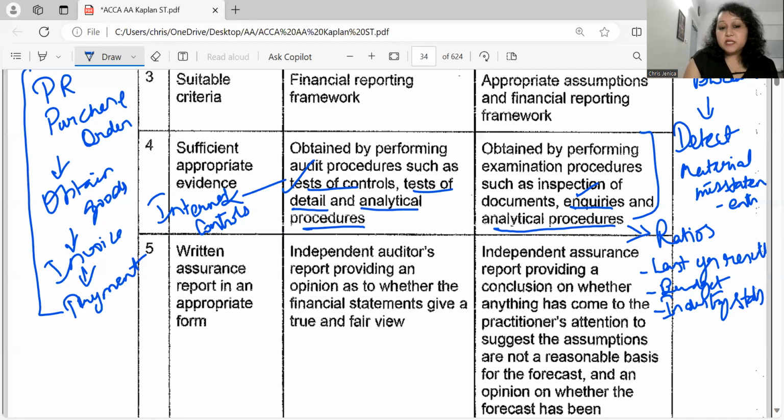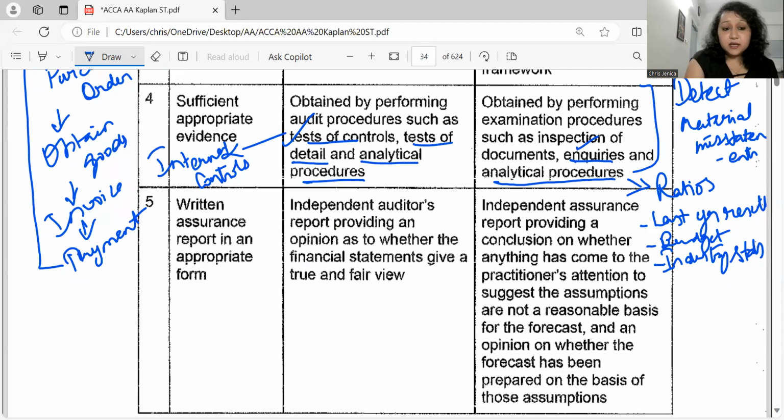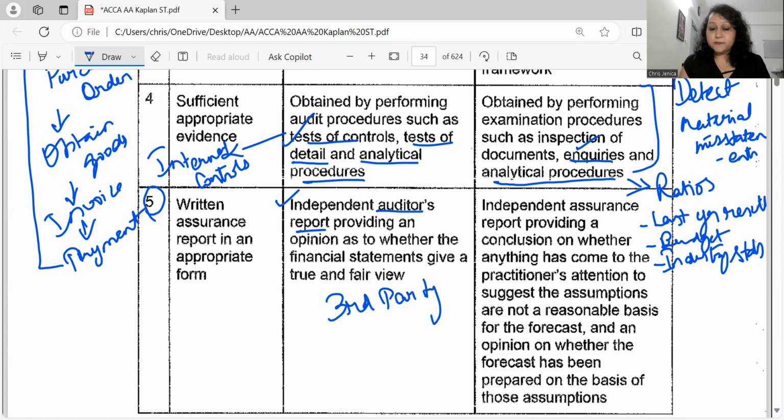Now, what will be the final element? It's going to be the report. As far as audit of financial statements is concerned, we will be giving an independent auditor's report. Why is the auditor's report called independent? Normally we call it an independent auditor because the auditor who is engaged for the external audit will always be a third party to the client company which we are going to audit.